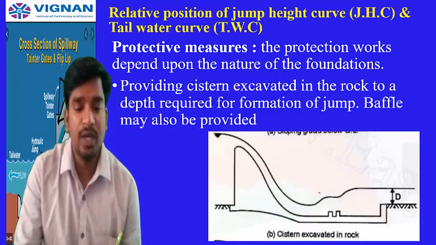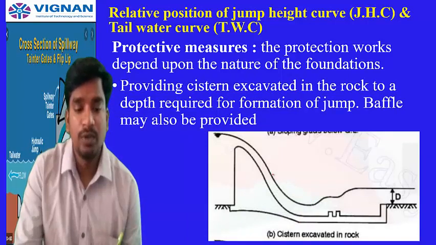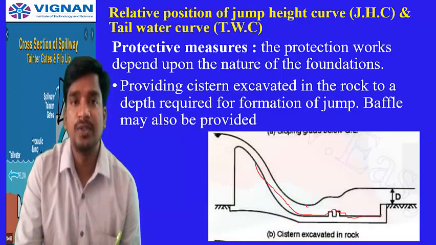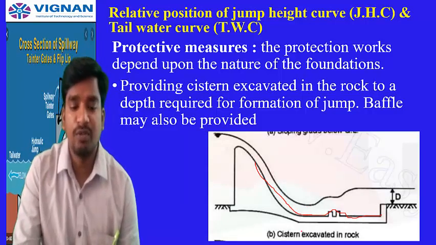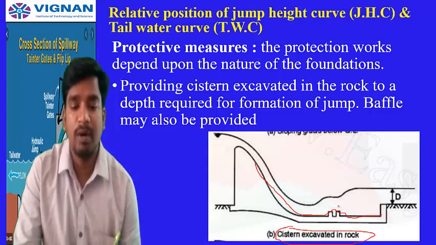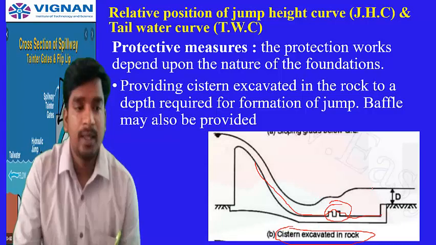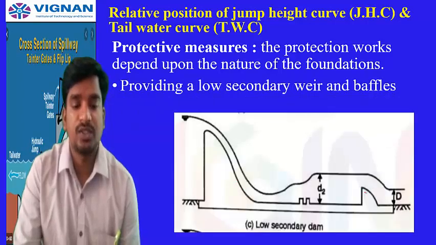In a similar way we can take one more, with the help of a cistern and with baffles to reduce the energy. This is also one more way. The cistern is excavated in the rock and small baffles are also provided in order to dissipate the energy. Now one more is a low secondary dam.